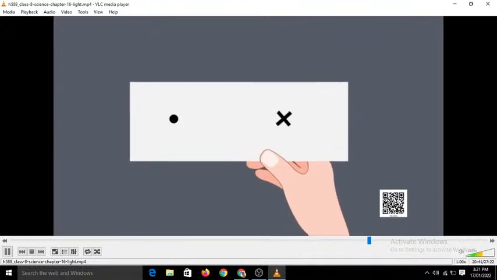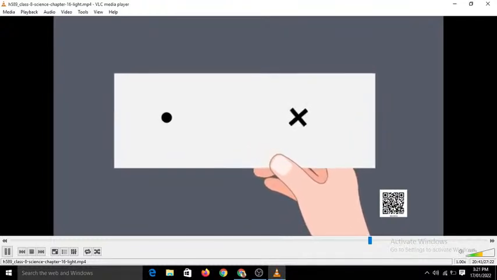Move the sheet slowly towards you, keeping your eye on the cross. What do you find? Round mark disappears at some point. Now close your right eye, look at the round mark and repeat the activity. What happens now? Yes, this time cross disappears.